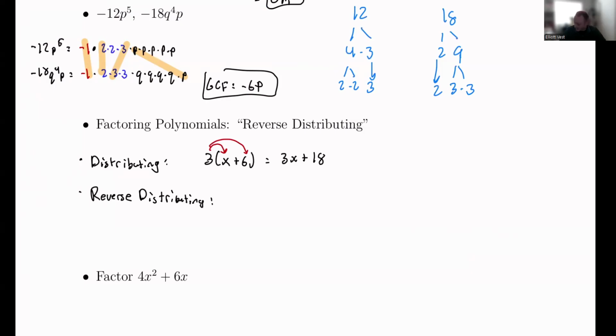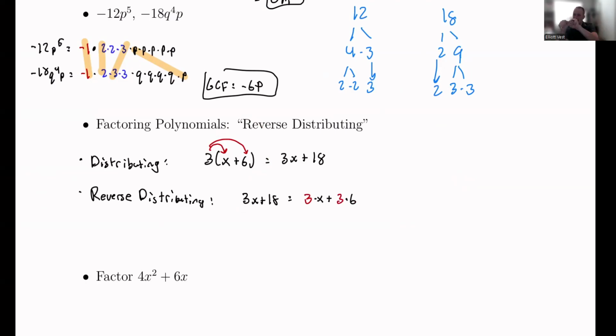Well, that's really like if I started with 3x plus 18 and I rewrote this kind of like before, it's as if I see these both have a 3 attached to them. I can rewrite this as 3 times x plus 3 times 6, right?